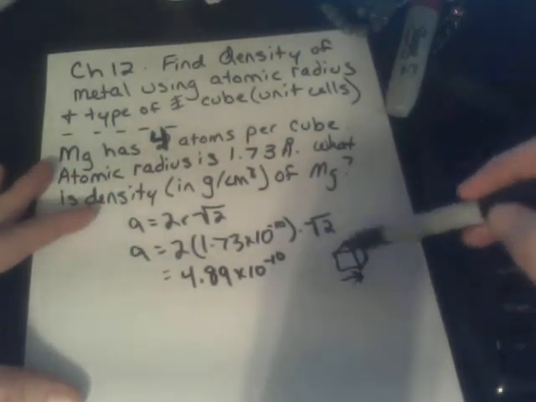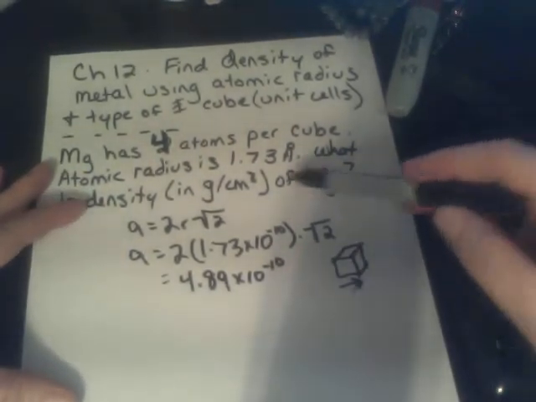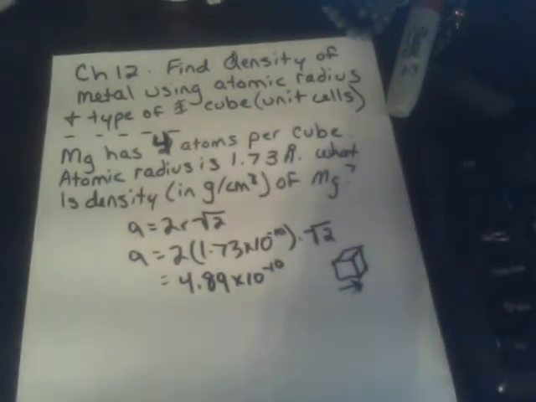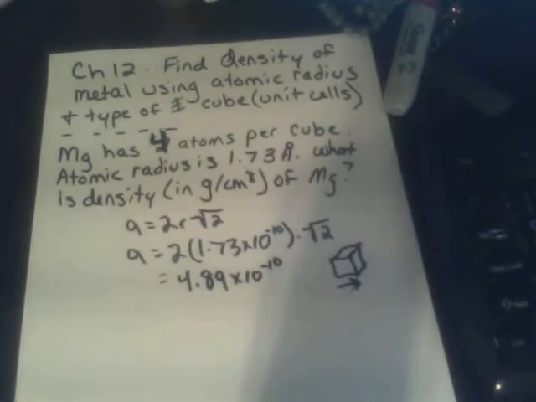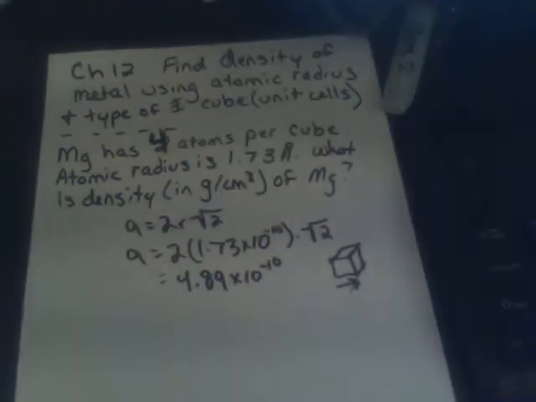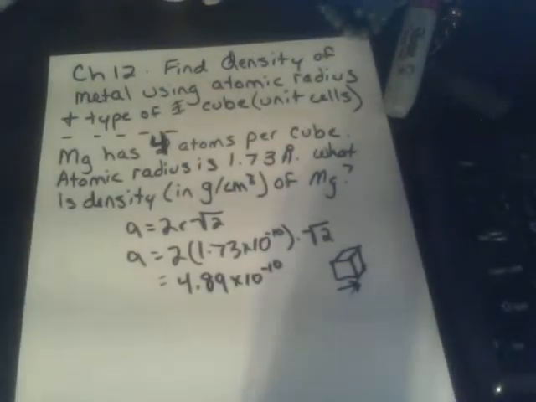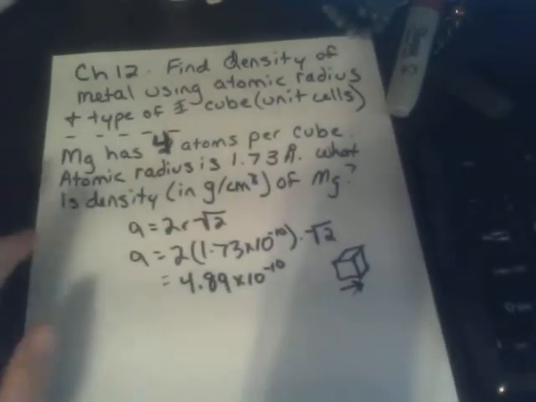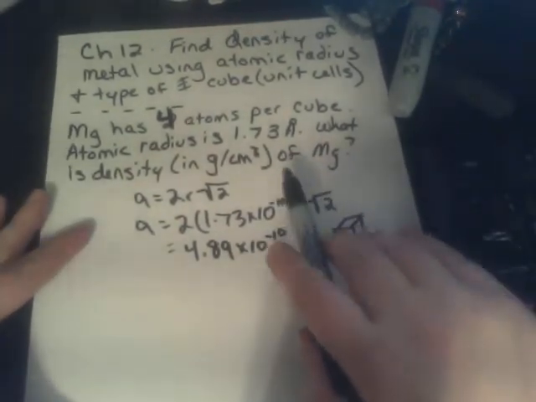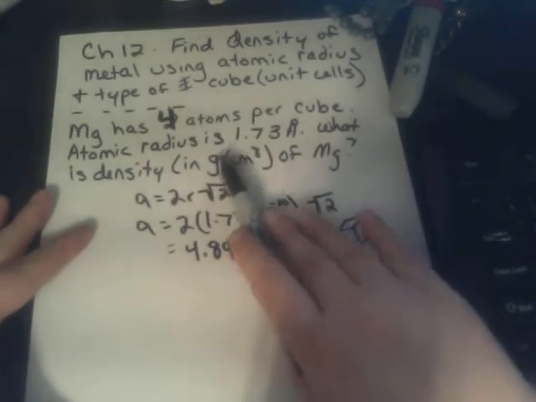So in order to get a volume, let's go back and dip into Gen Chem 1. To calculate a density, you not only have to know mass, you have to know volume.